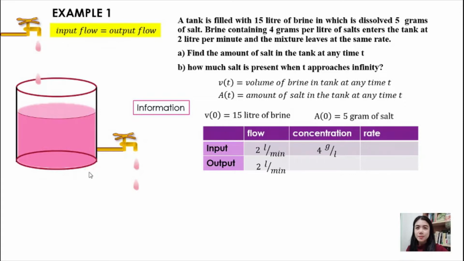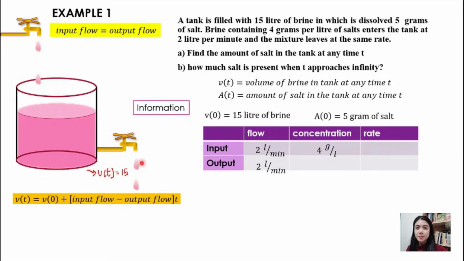So you will have your V(t) here, that is 15. Of course, you can also use the formula to get the value of V(t). The formula we can use is this one: V0 plus input flow minus output flow, multiplied by the time.